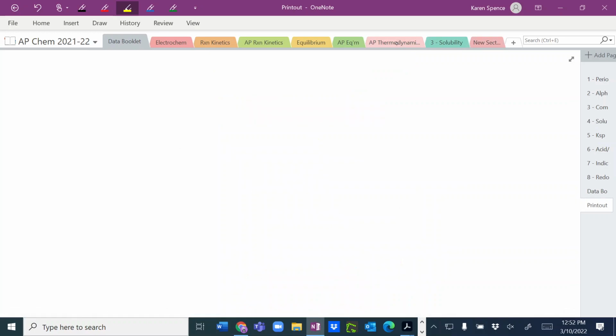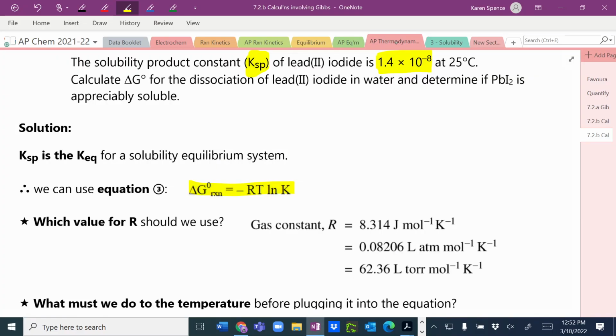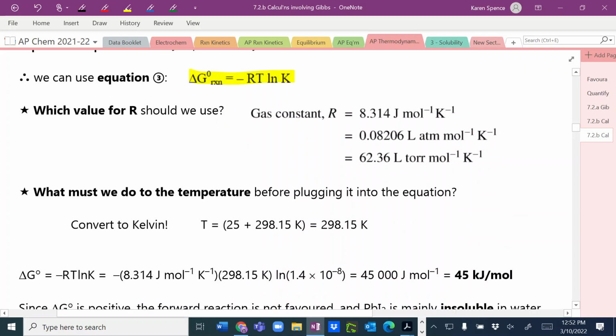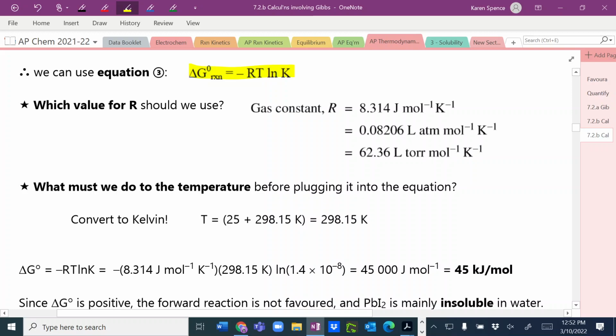Like I said, none of these are really hard because you're just plugging numbers into a formula, but make sure you're using the right R value. You're converting all your joules into kilojoules. You're putting your temperature in Kelvin. So we're going to use our first R value here. We need to convert to Kelvin. There we go.